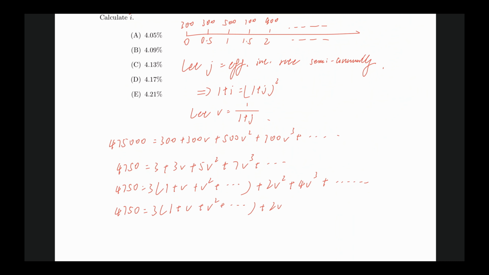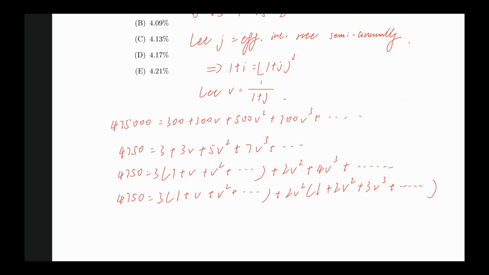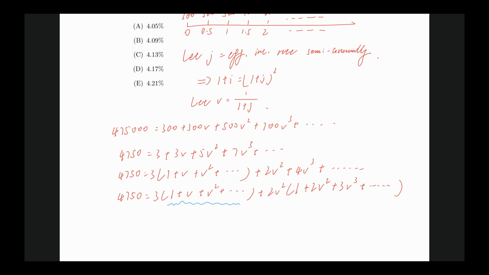So plus 2v squared, and what's left is actually 1. 1 plus 2v squared plus, and let me write a few terms to understand what these are: 3v cubed plus 4v to the power 4, and so on. Okay, so if I can understand what these two equal, then I'll be happy.